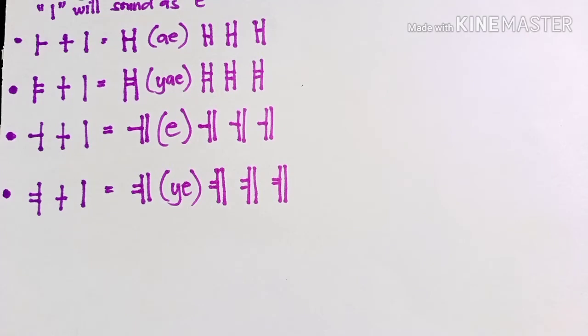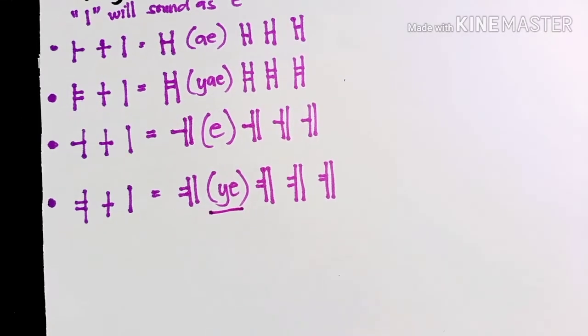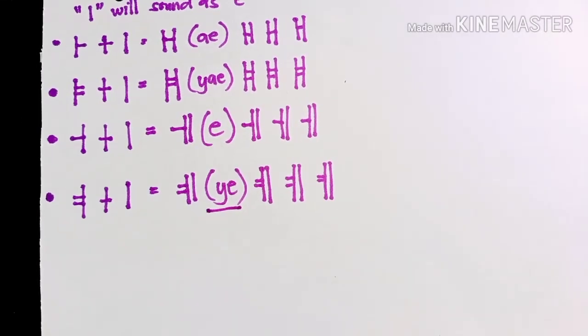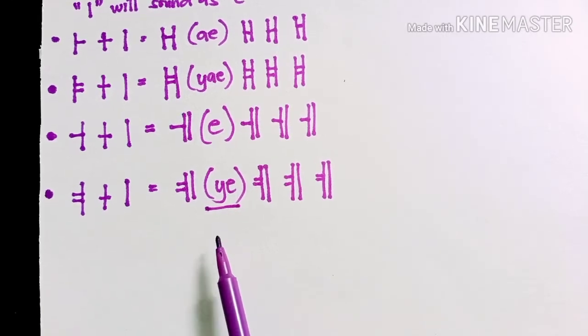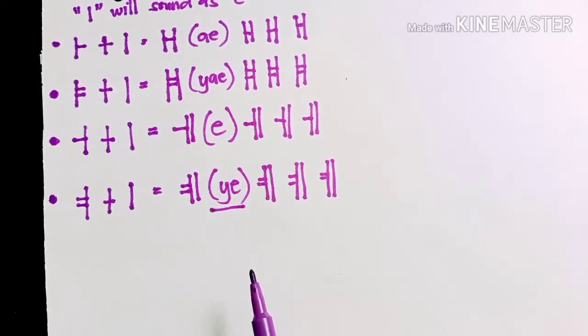We have an example here. Let's try to write the word ye. Again, because it is a vowel only, we should first write the consonant, the substitute or silent consonant ieung.